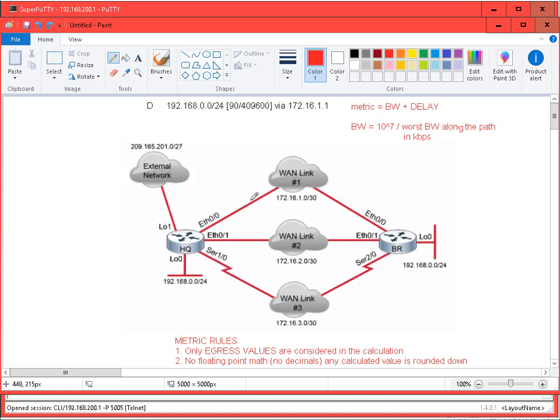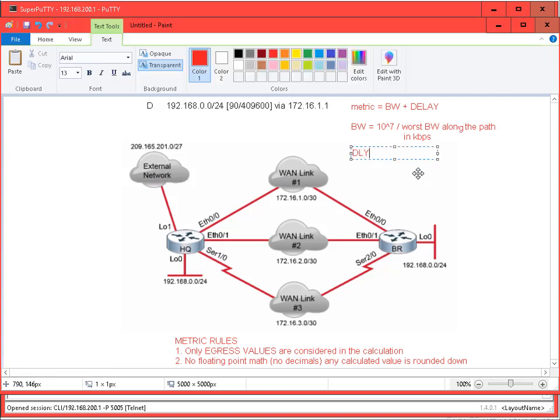What's the worst bandwidth along the path? But that's only half of the formula. The delay piece is equal to the sum of all interface delays, in microseconds.